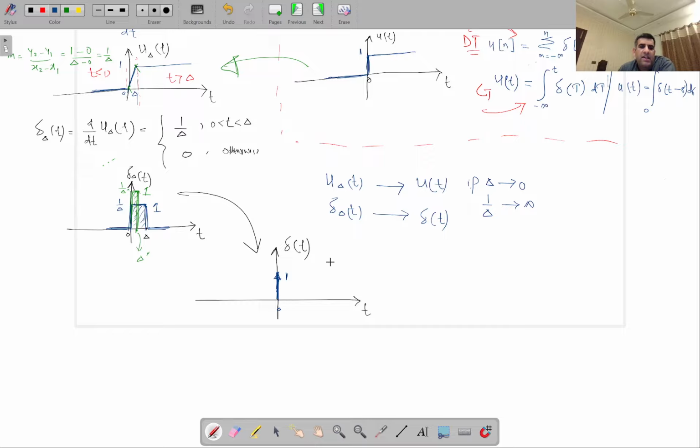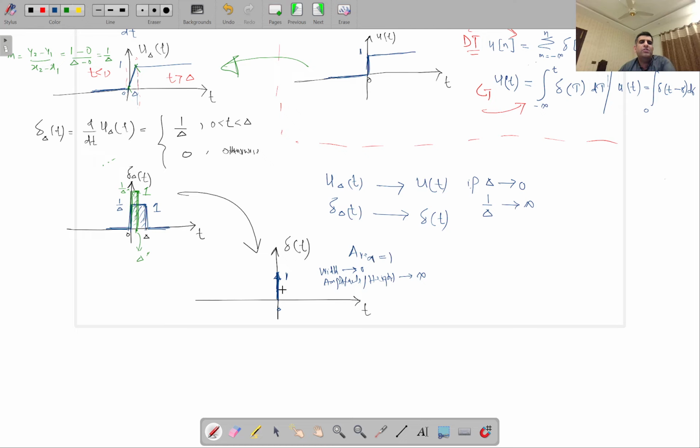Its width approaches 0. Its amplitude, or height, approaches infinity. But its area is going to be equal to 1.